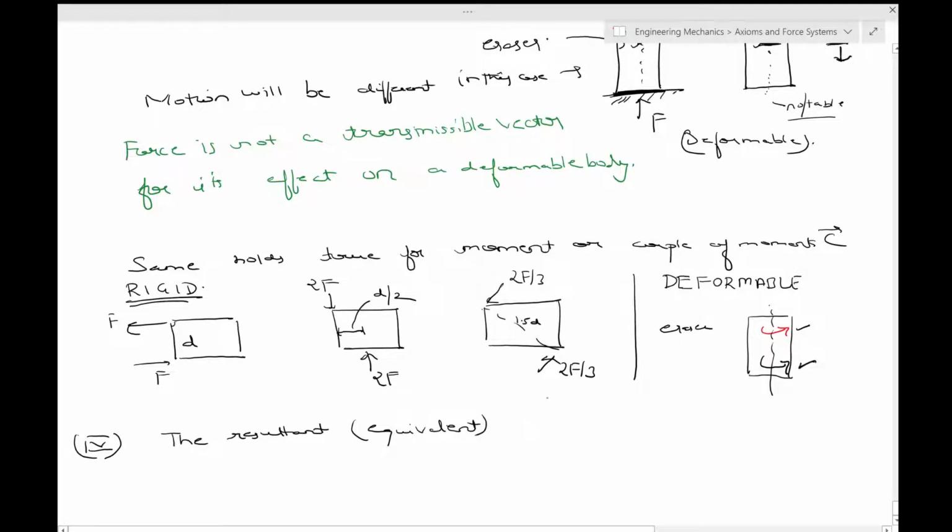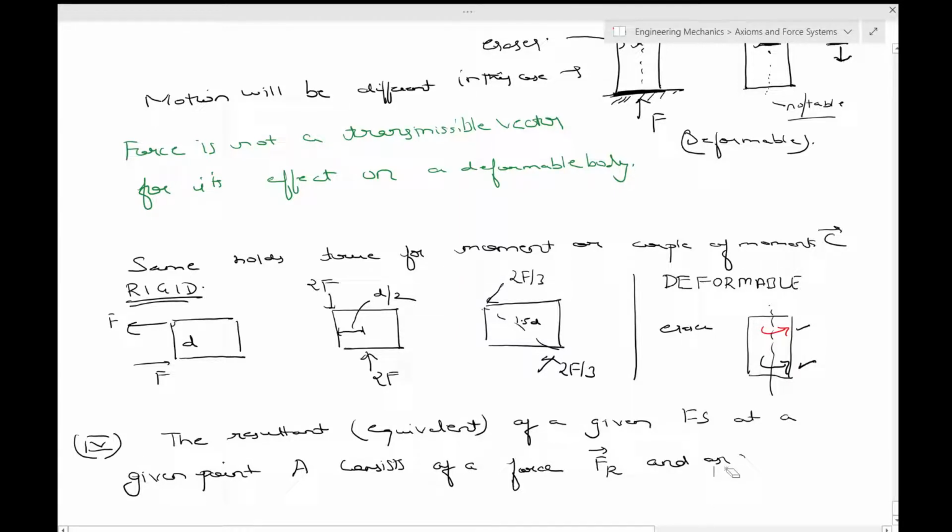So the resultant equivalent of a given force system at a given point A consists of a force Fr and an associated couple with moment CRA.